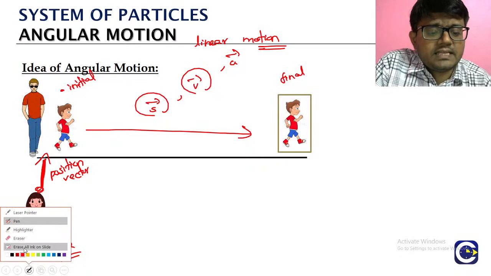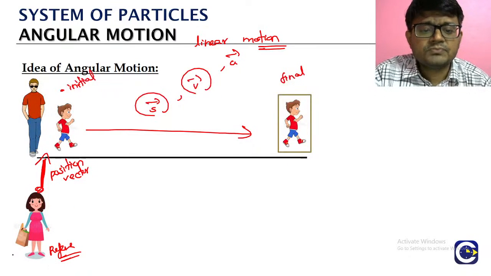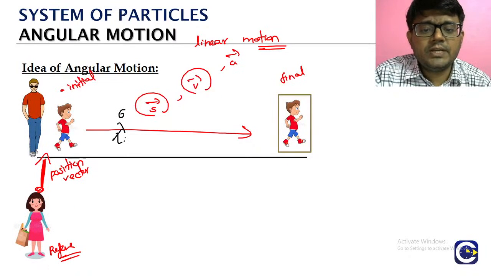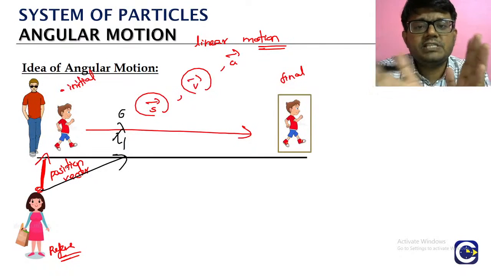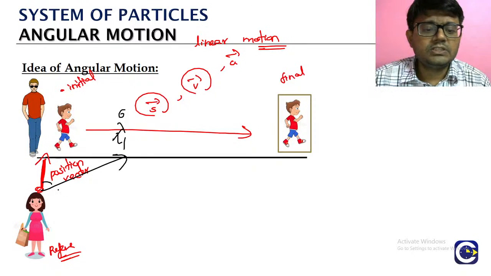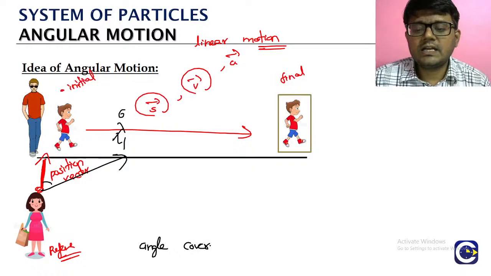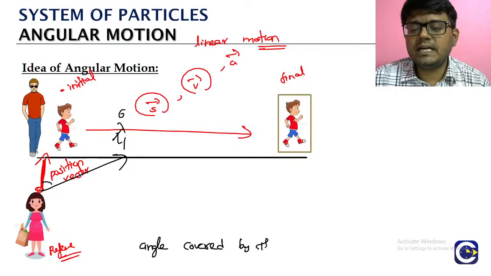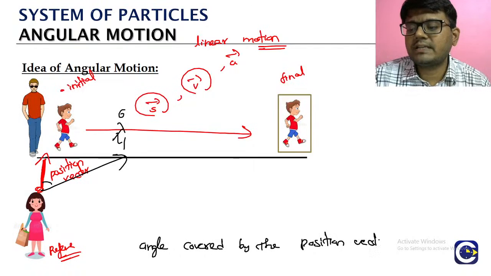When the boy moves to another place, she will see that the position vector is changing. So what measurement can she think of? She can think of the angle covered by the position vector of the son.